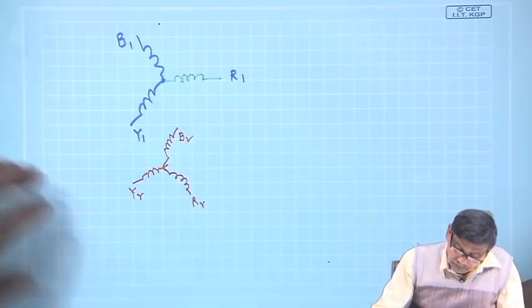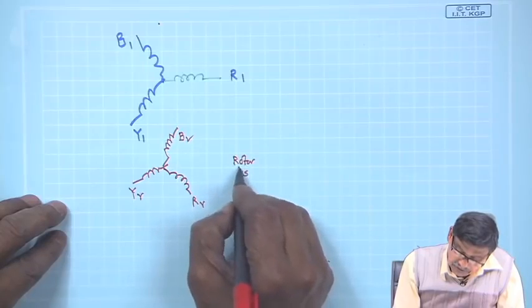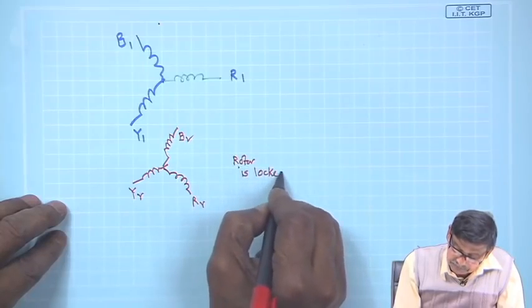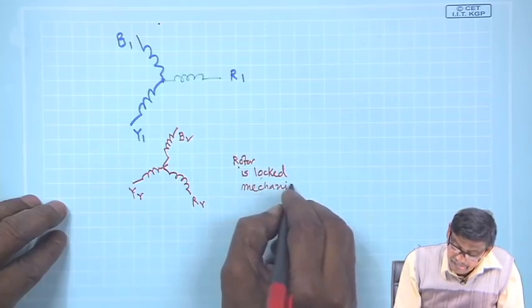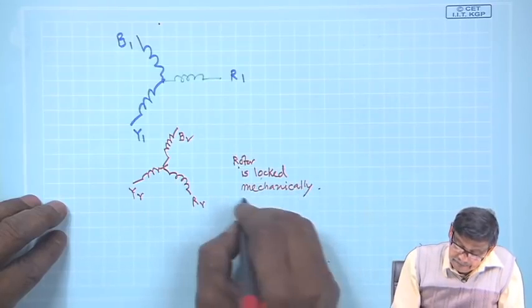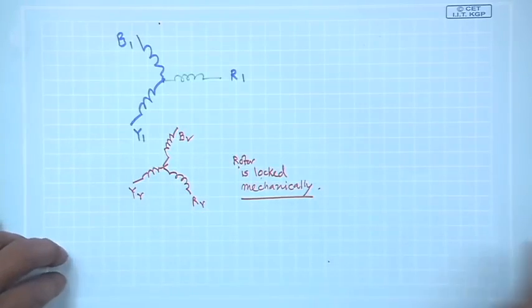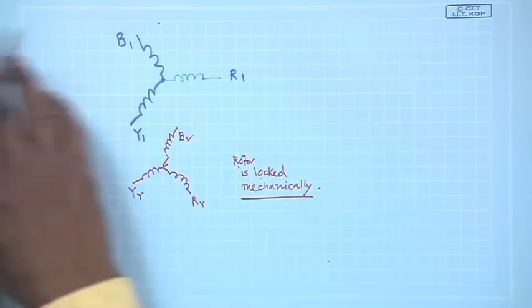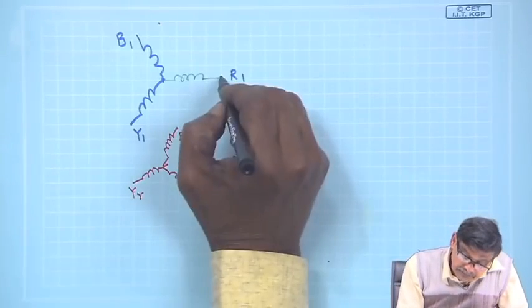The rotor is locked mechanically, and you energize this with a 3-phase supply as usual.